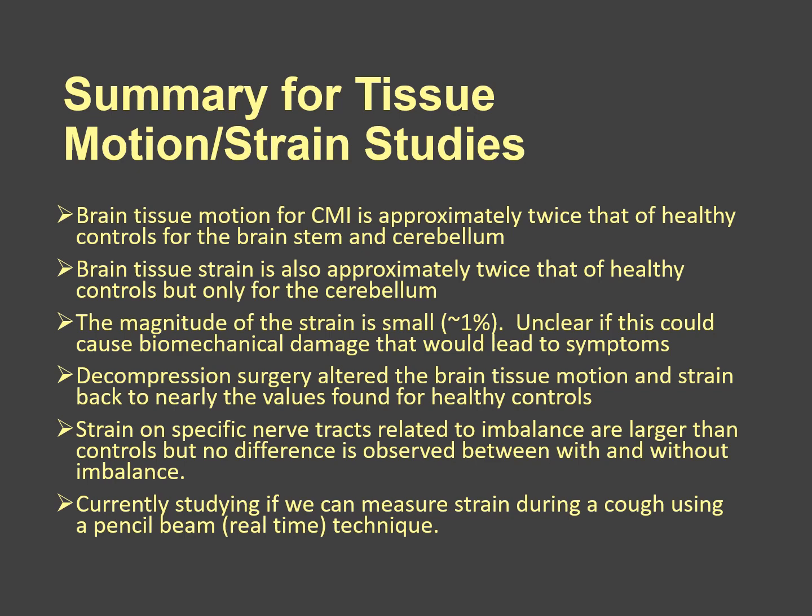Decompression surgery altered brain tissue motion and strain back to nearly the values found for healthy controls. And strain on specific nerve tracts related to imbalance are larger than controls, but no difference is observed with and without imbalance. Currently studying if we can measure strain during a cough using a pencil beam, which is a real-time technique.